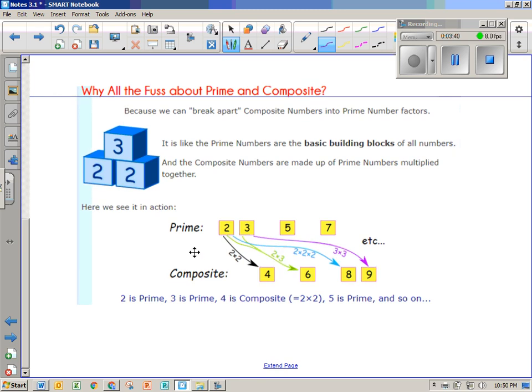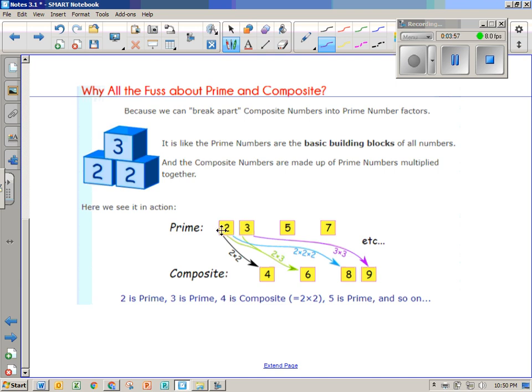Down here is a good example. If you take these prime numbers, 2, 3, 5, and 7, they can be used to create a composite number. Like 2 2's multiplied together will give you the composite number 4.